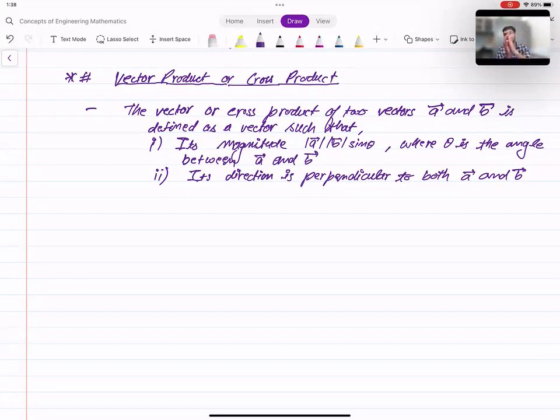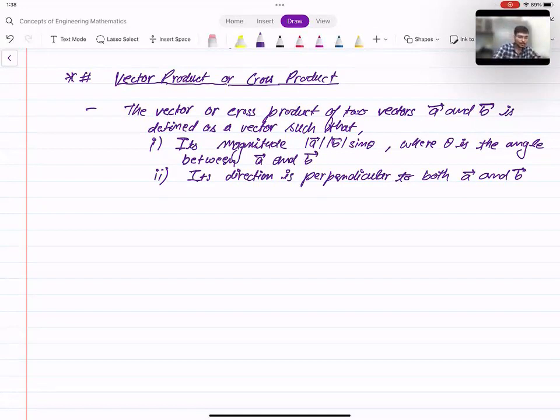So vector A cross B. So I'll put a right-handed screw here and I'll rotate it. So a right-handed screw goes like this. Okay, so it proceeds forward when moving clockwise. So the direction of movement of the screw will give the direction of the cross product. Okay. So these are two methods.